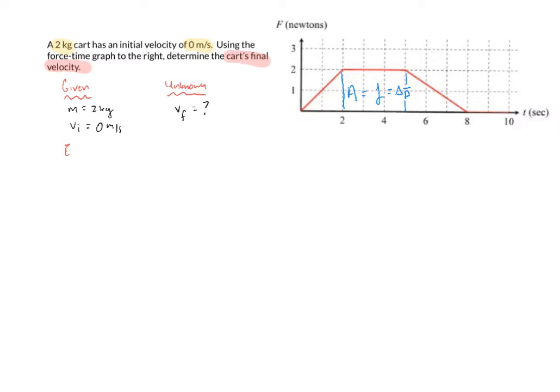So the equation that relates these is that our impulse is equal to our change in momentum, which is equal to P final minus P initial. We're also going to need to know that impulse equals area under force time graph.